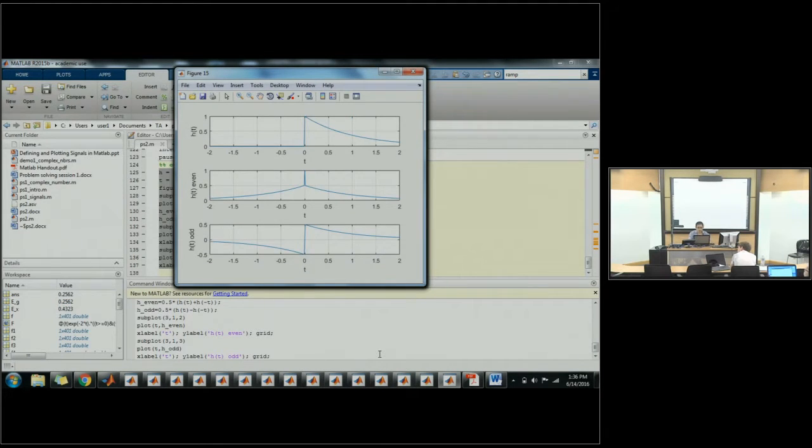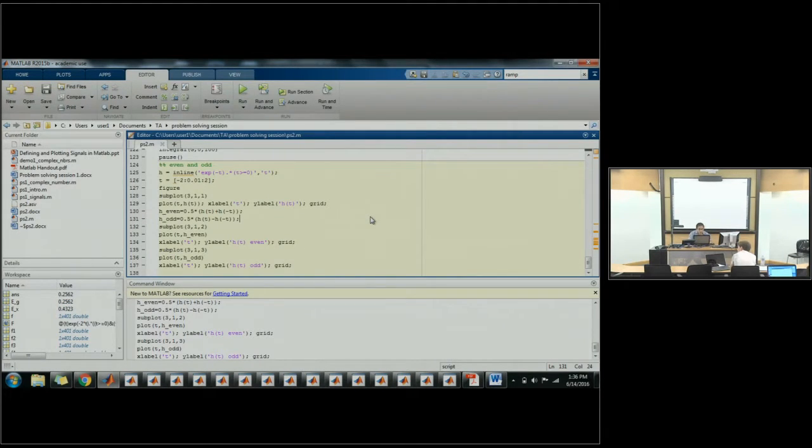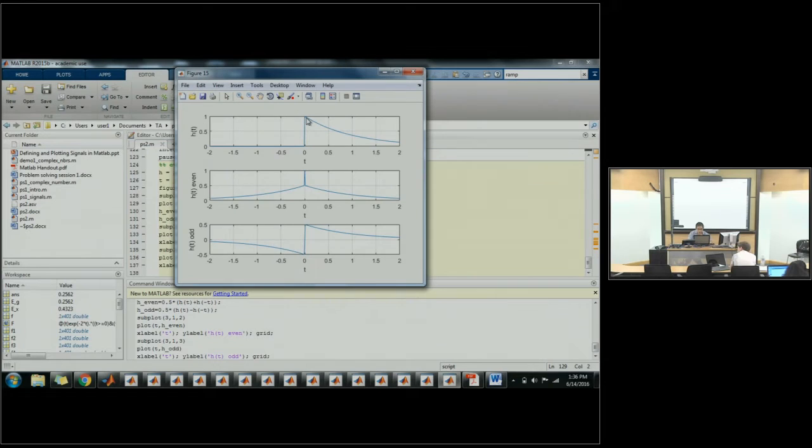Okay, so h I've defined as e raised to the power minus t, and it's only defined for t greater than or equal to 0. So it's e raised to the power minus t multiplied by a unit step function. Next, I've defined t from some range of values. My standard plot of this function is the first plot over here.